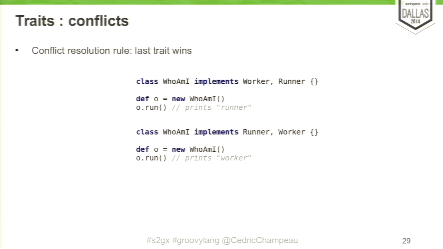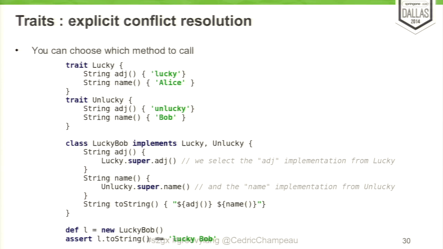But what if I have two traits defining two methods? Both of them have the same method names, same arguments, etc. And you want to choose one method from one trait, and the other from the other trait. You have a problem because just ordering won't do in that case. So this is this example.